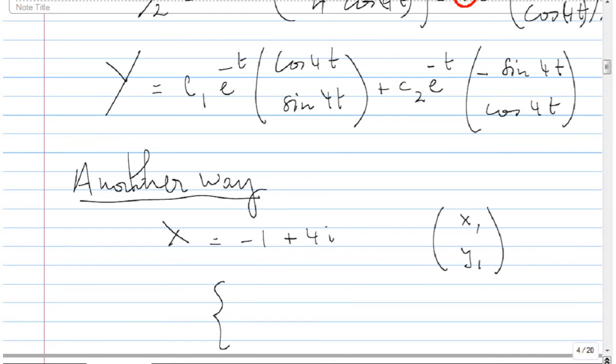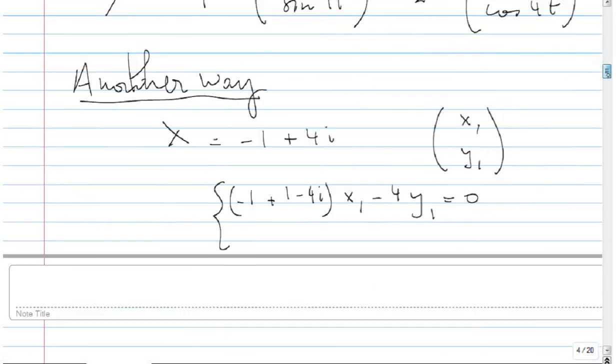A minus lambda: a is minus 1, minus lambda gives plus 1 minus 4i, times x1, plus b, minus 4, times y1 equals 0.